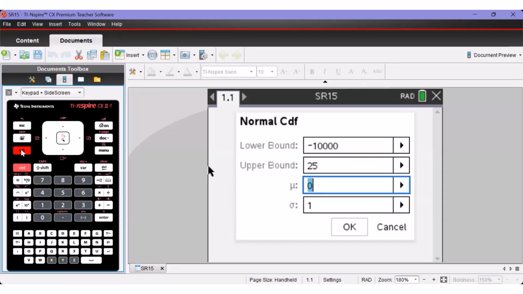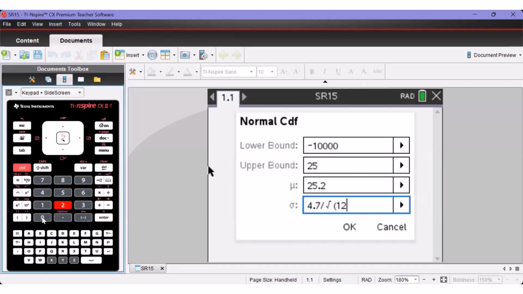Press Tab. The mean, which is the population mean, is 25.2. Press Tab. And now this is important. This is not 4.7. It's 4.7 divided by Control X squared to get the square root sign.